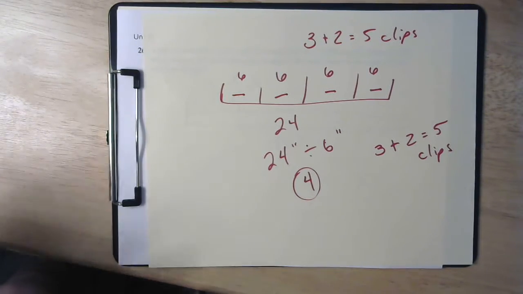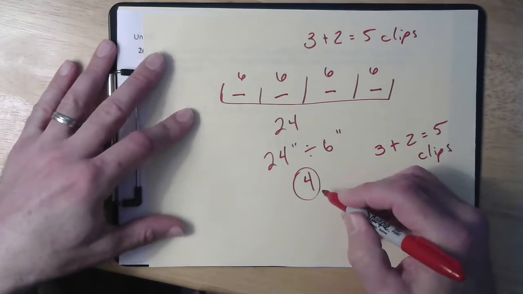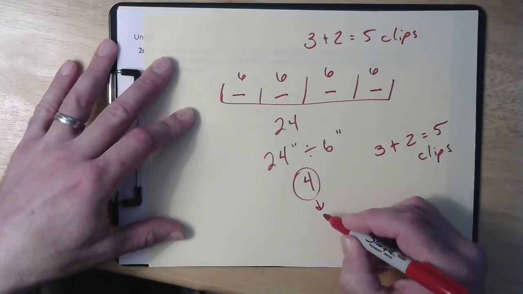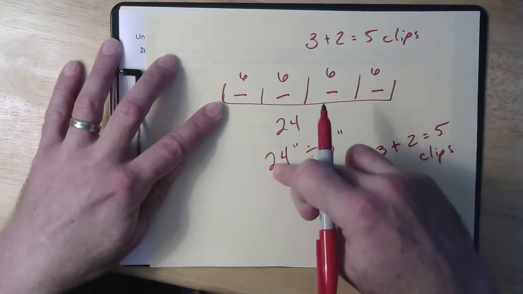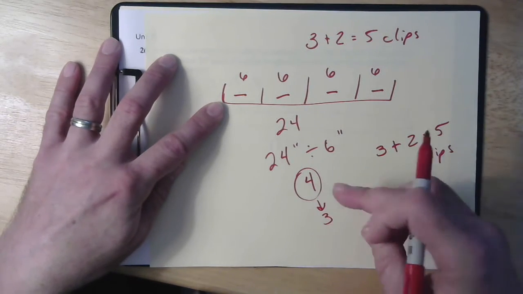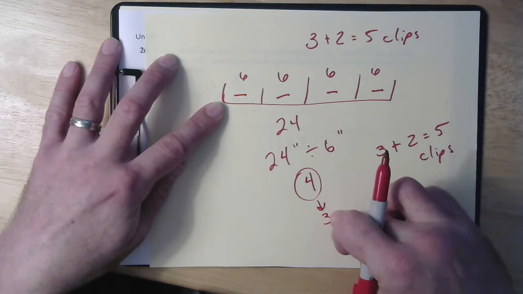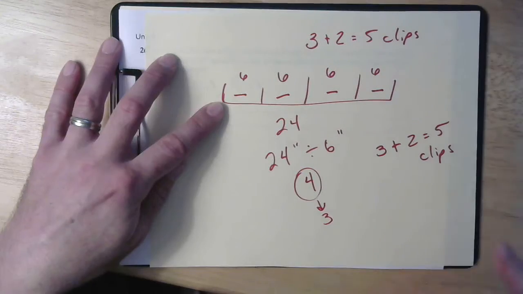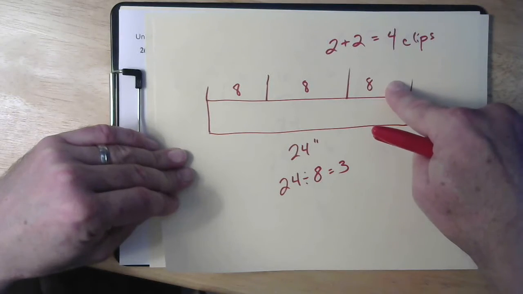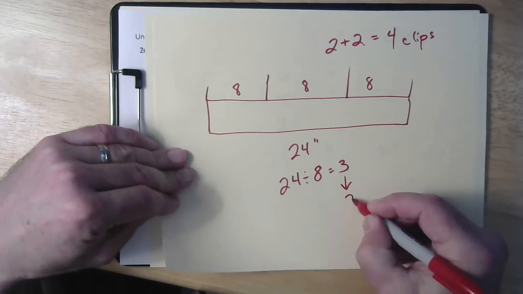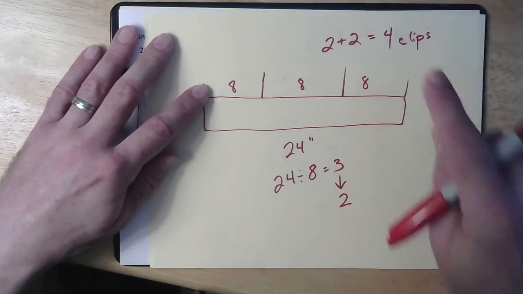So each time you might notice that what I did was did the division, got this number, moved it down by 1, and then added the 2 clips on the end. So 24 divided by 6 is 4, but that's 4 spaces that I've divided the seawall up into. So I want 3 clips plus my 2 on the end. When I did this one, I divided it up into 3 spaces. That means I move that number down to 2 for the 2 clips, and then I put the 2 end clips on, so that's 4.